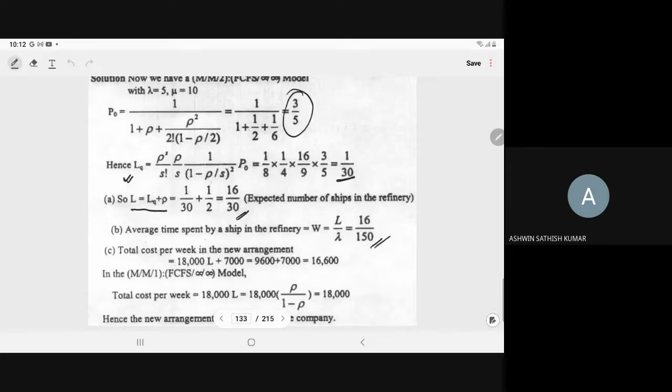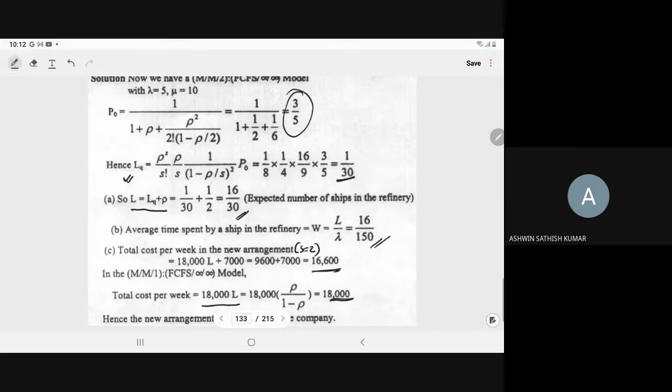So here we have the cost when S is equal to 2. Total cost per week in the new arrangement, meaning when S is equal to 2, is coming 16,600. And for the old arrangement, it is coming 18,000.